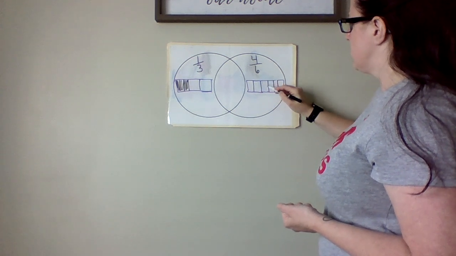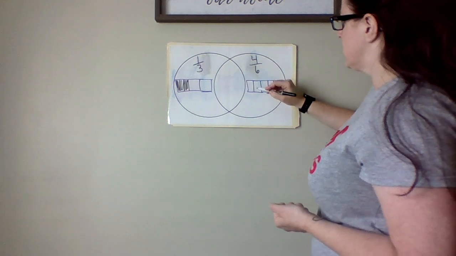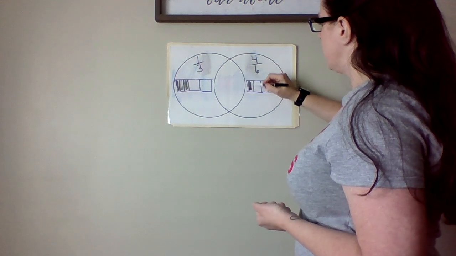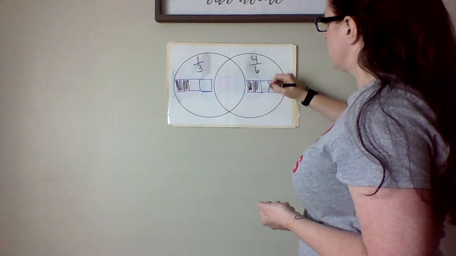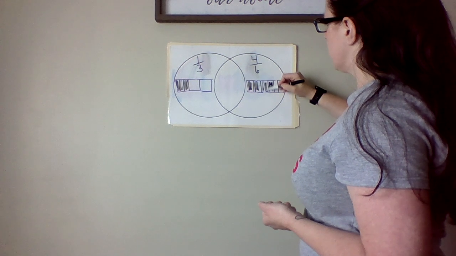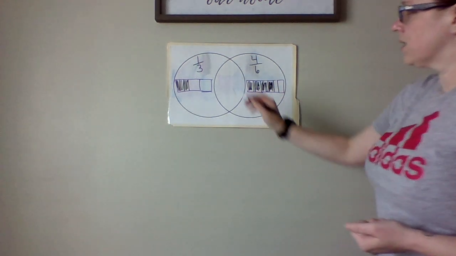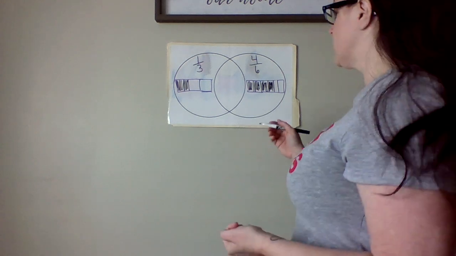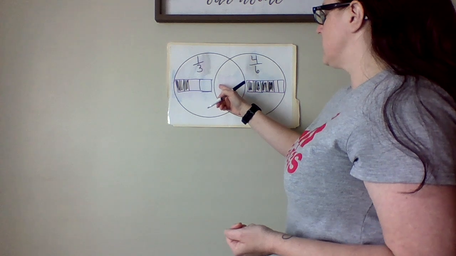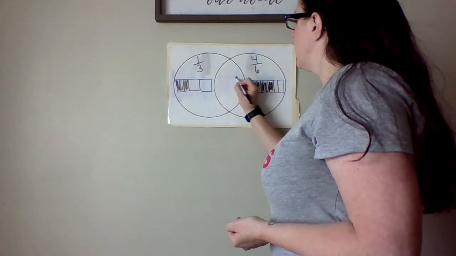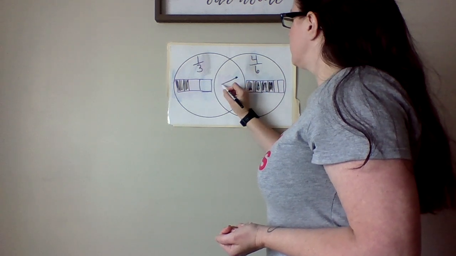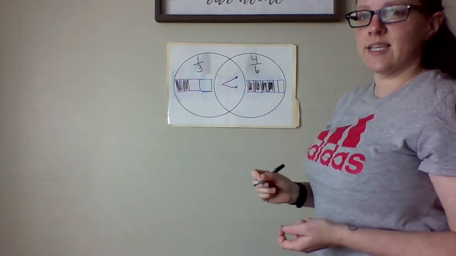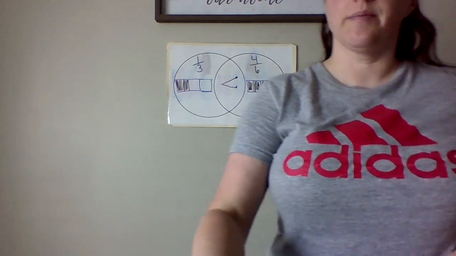So we've got 1, 2, 3, 4, 5, 6 parts, and that means we've got 1, 2, 3, 4 parts shaded. So clearly we can see that 1/3 is definitely less than 4/6. So if it's the less than sign, that means this number is greater. This side gets our 2 dots, and 1/3 is less than 4/6.